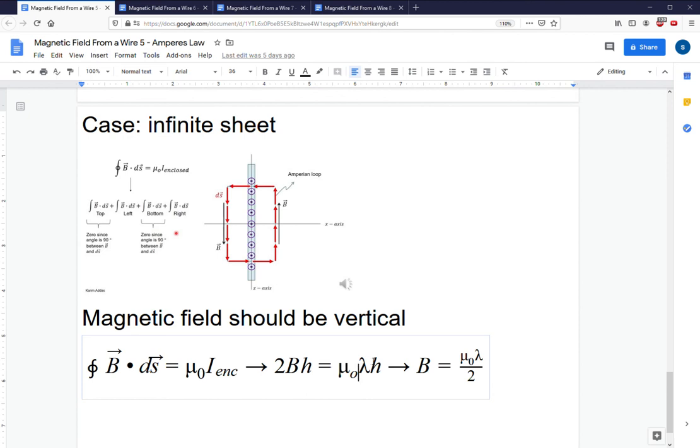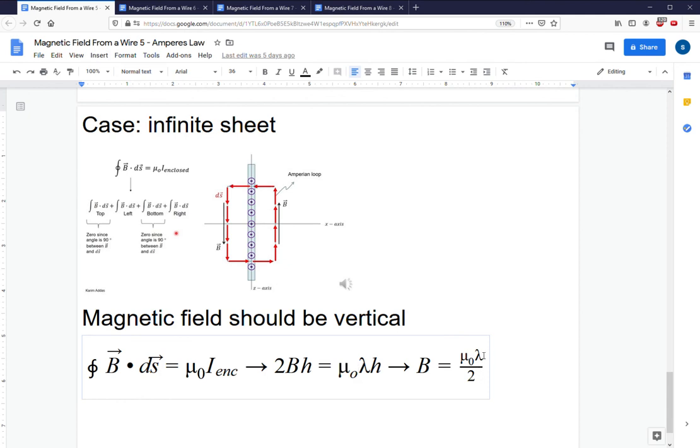So lambda before was linear charge density, now lambda is linear current density. And we can see that the longer or the higher this rectangle, the more current it's going to enclose. So the current is lambda times h, but we can see these two h's will cancel, and so the magnetic field near an infinite plane of current is equal to mu sub naught lambda over 2.